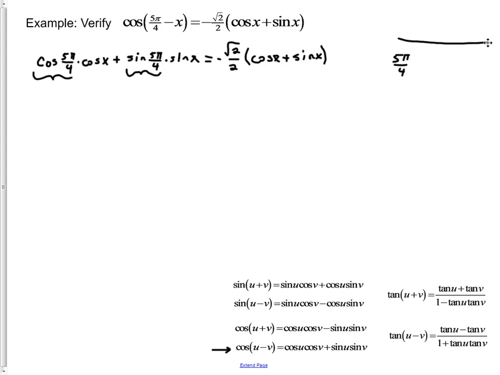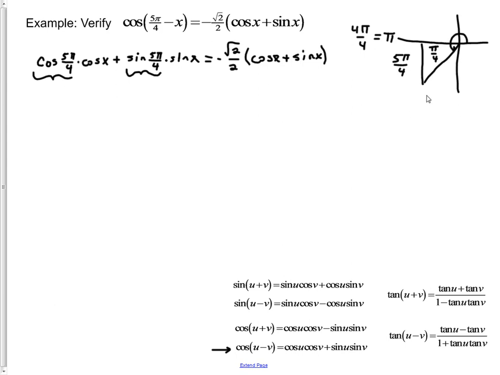Why? Well, in standard position, if we go to 5 pi over 4, that's slightly larger than pi, right? Pi being 4 pi over 4. And so the difference between these two is that it is a quadrant 3 angle with a reference angle of pi over 4 inside of it. So here's 5 pi over 4.